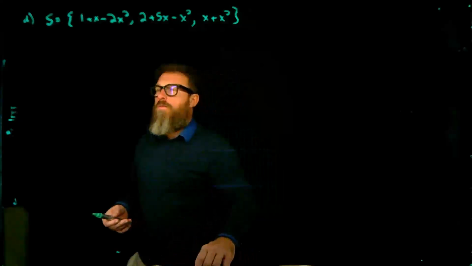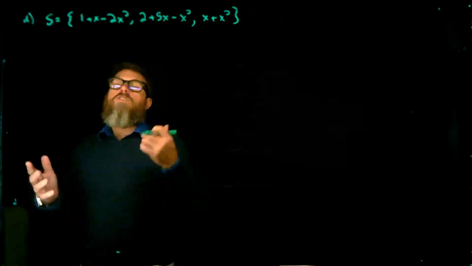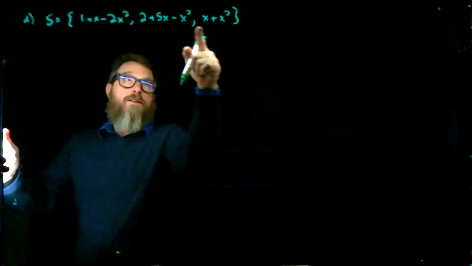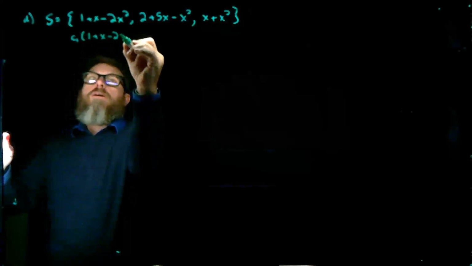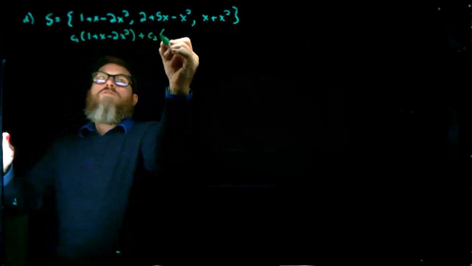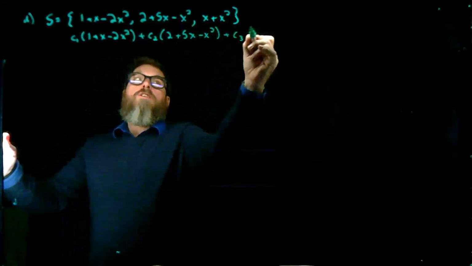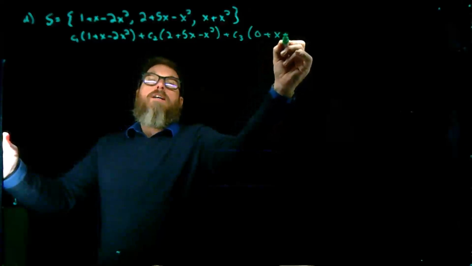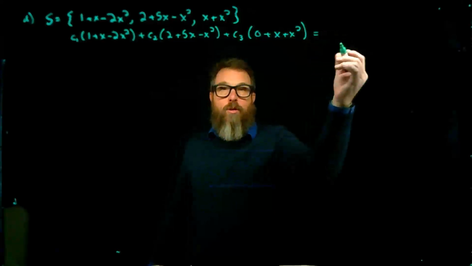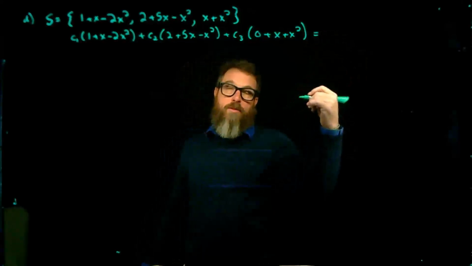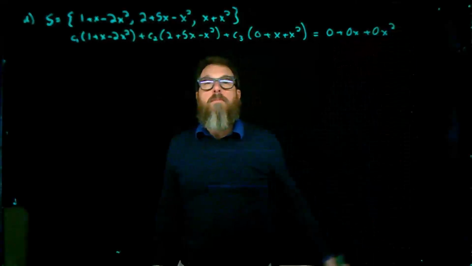All right, so I want to know if this set is linearly independent or linearly dependent again. So still the same thing. What I'm going to do is, this is the first vector, second vector, third vector. So I'd have C1 times (1 plus x minus 2x squared) plus C2 times (2 plus 5x minus x squared) plus C3 times (0 plus 1x plus x squared). Just making sure that I write all the constants. And then the 0 vector for P2, which is polynomials of degree 2 or less, is 0 plus 0x plus 0x squared.